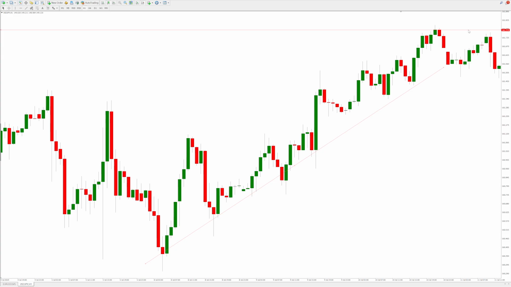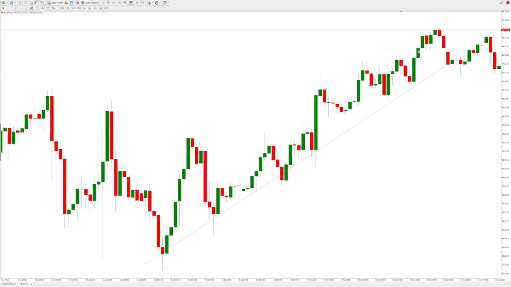So this resistance level held up nicely there. Price didn't quite reach it and started to turn around, which shows that this is perhaps a strong resistance level, especially following on from the uptrend. So we have our double top candlestick pattern, double because there's 2 tops, 1 and 2, following on from the uptrend, and this is a reversal signal.